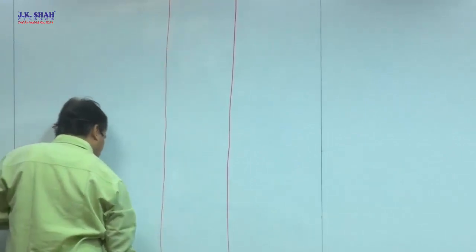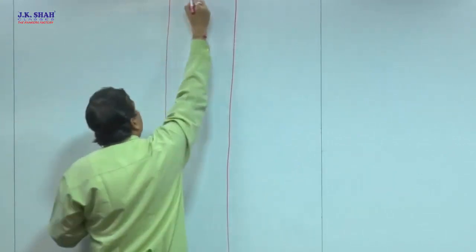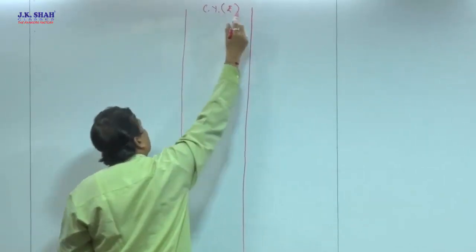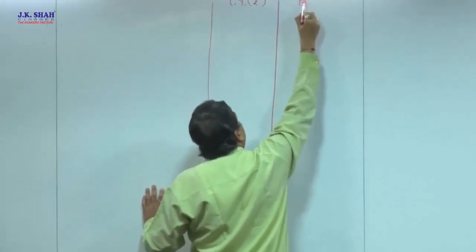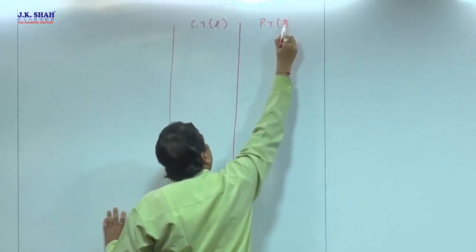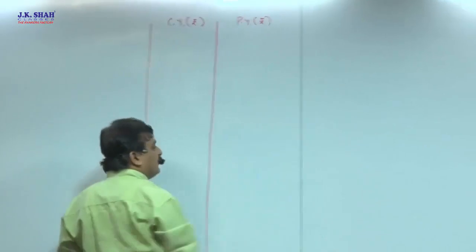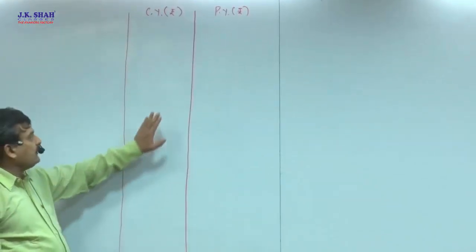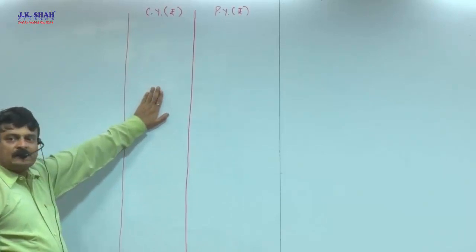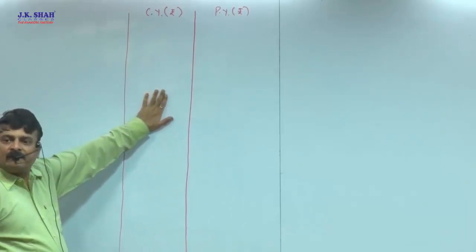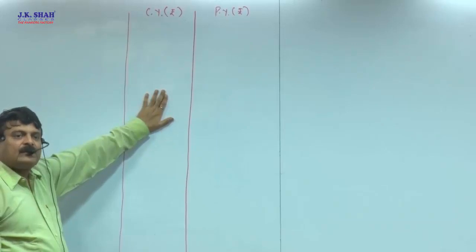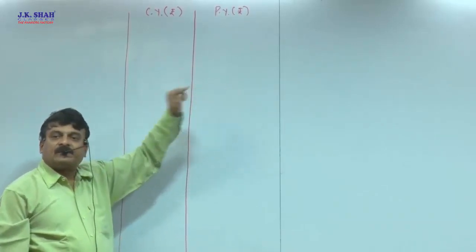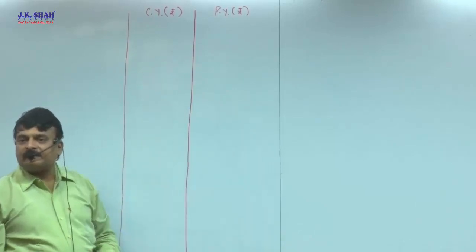it will have two columns of amount. First column, current year, and second column will be previous year. In the current year, needless to say, we show amount of the current year for which you are preparing balance sheet. And here you will show the figure of previous year.